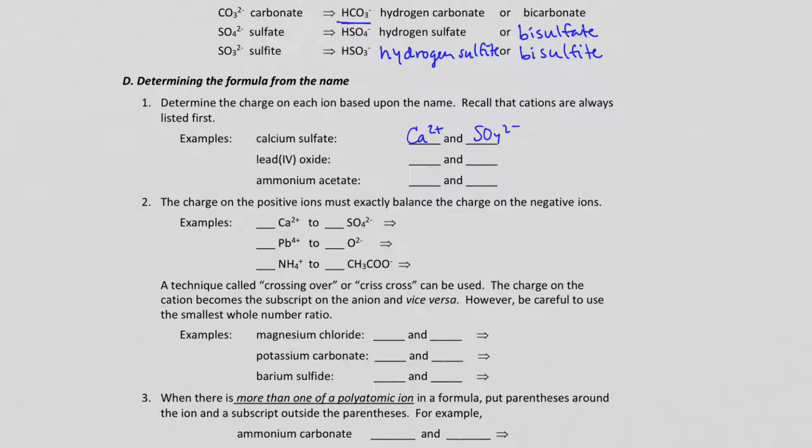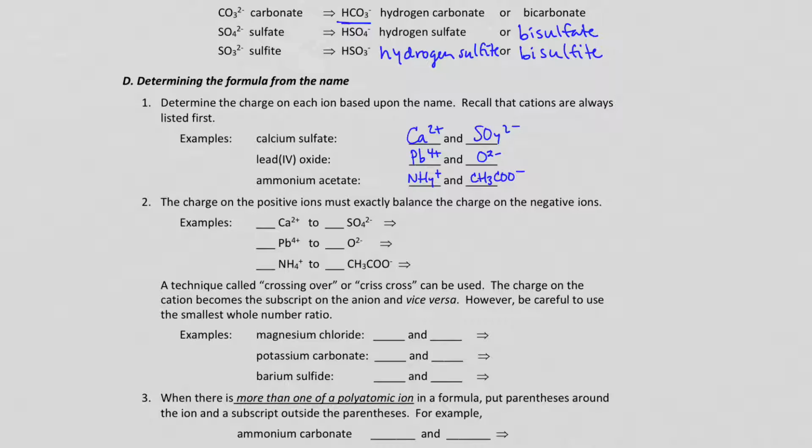Lead 4 oxide involves lead, but make sure that it's the 4+ oxidation state, not the 2+, right? And then oxide is O2-. And ammonium acetate involves ammonium. Remember, the only polyatomic cation you need to know, and acetate, which is CH3COO-. And that was actually listed on the previous page.